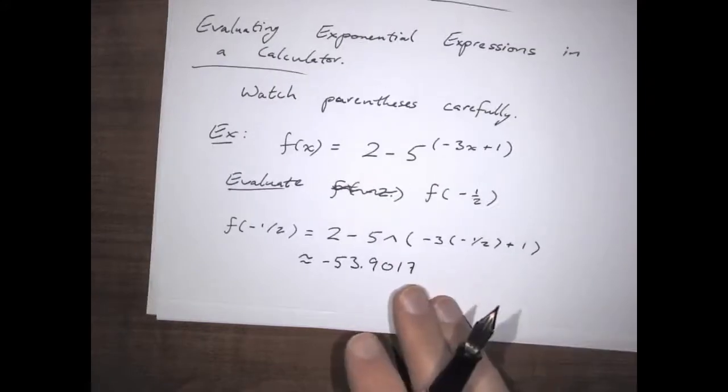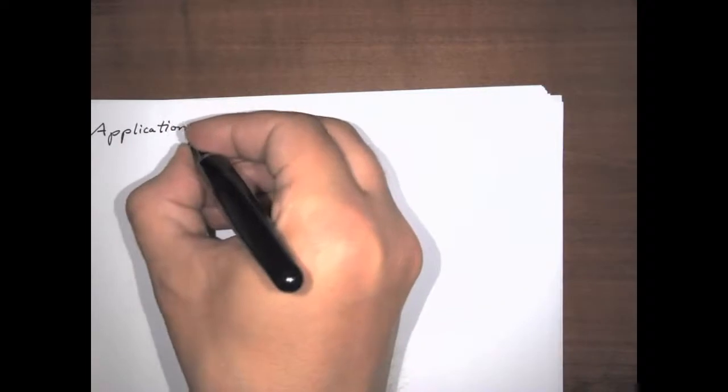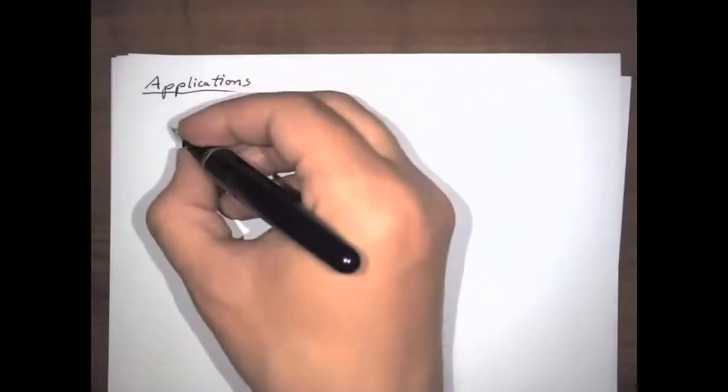Okay, so there's that. And now the last task of the day is going to be in real-world applications. So the way these are typically going to work is they'll come in 2 stages. Stage 1, you have to find a formula given the information that they give you. In stage 2, you're going to have to figure out what the other piece of information that they want is.